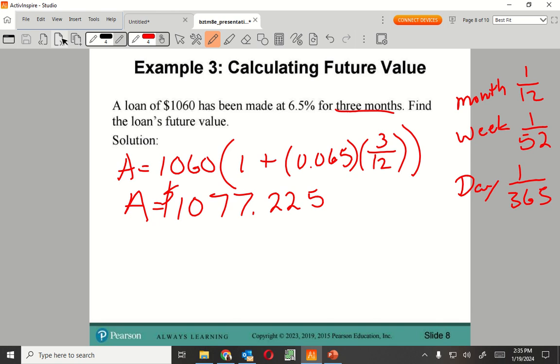So that means money always has to be rounded to the hundredth. That's going to be this one right here. So I look at this number here, which is a 5. Does that round up or drop off? Up. So that makes this one my new amount. My future value amount is 1077.23.